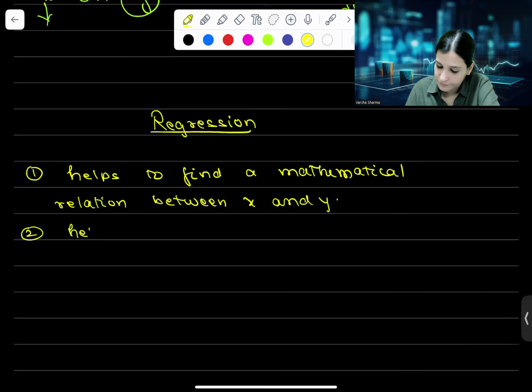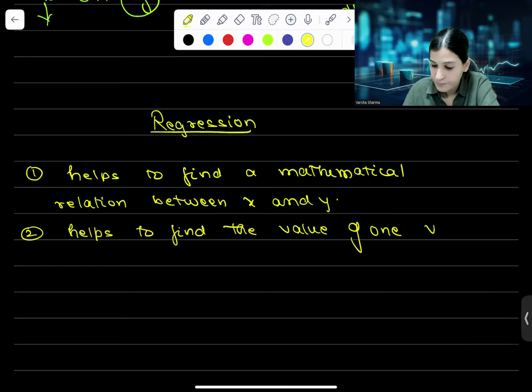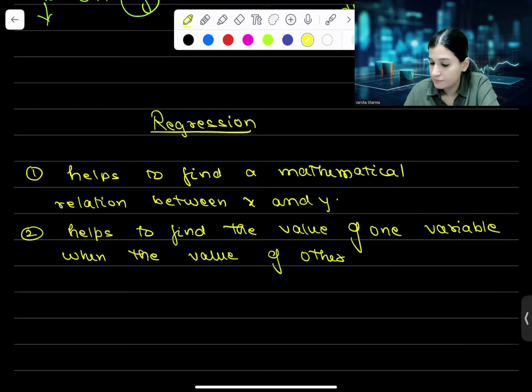It helps to find the value of one variable when the value of the other is given.